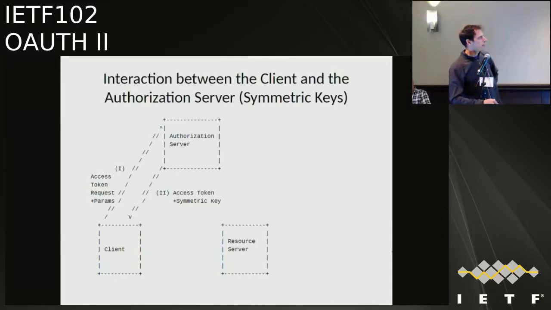But the important part is that a POP token comes back, and along with it, keys that are sent from the authorization server to the client for use by the client.